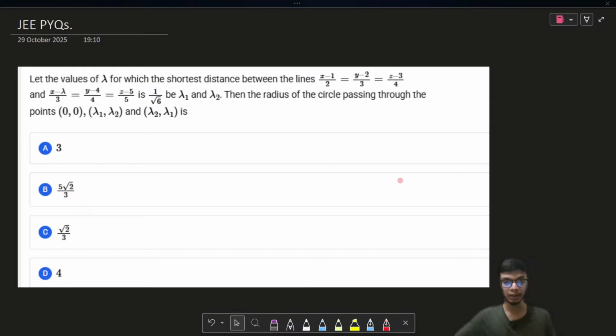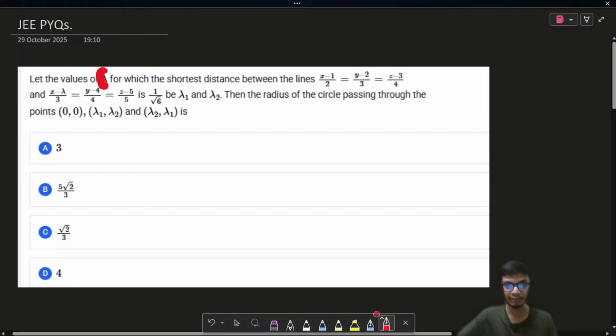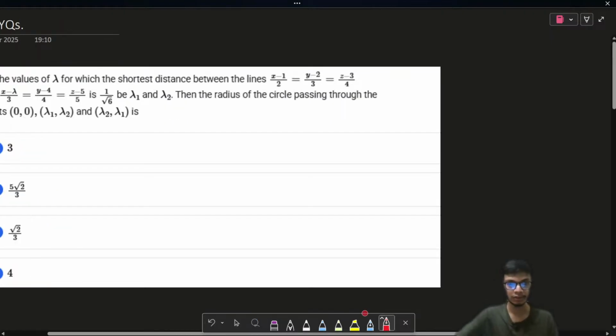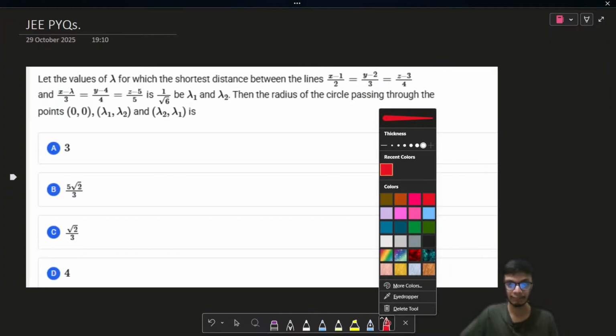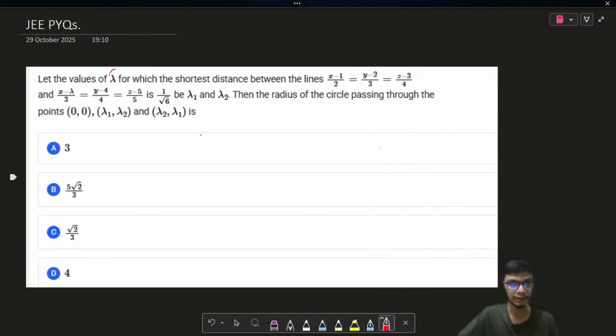If we read through the problem, this question is asking you to find the value of lambda, for which the shortest distance between these lines, where one line is given by this equation and another line by this following equation.